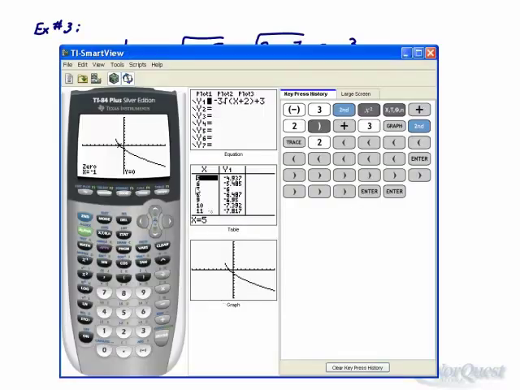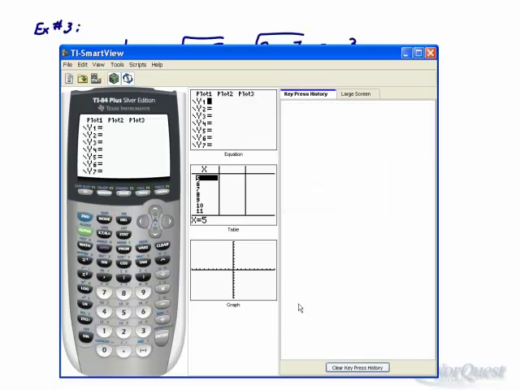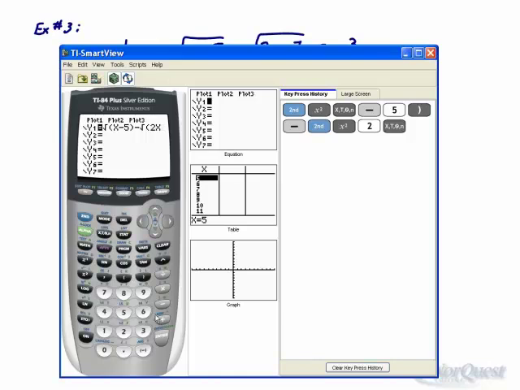Bring the calculator up again. Clear our equations, clear our key history. So what we're going to do in equation 1 is enter second function square root, x minus 5, subtract second function square root, 2x plus 7.